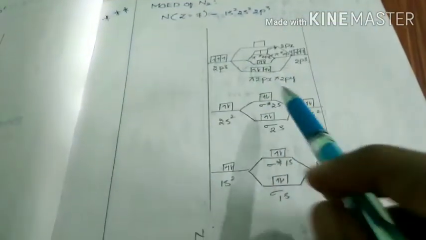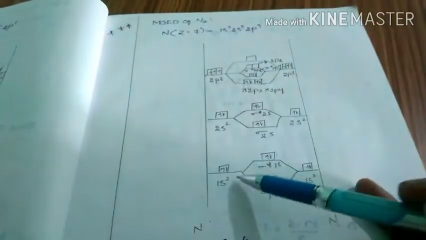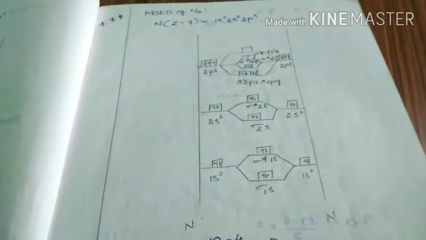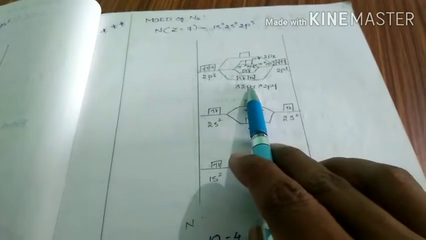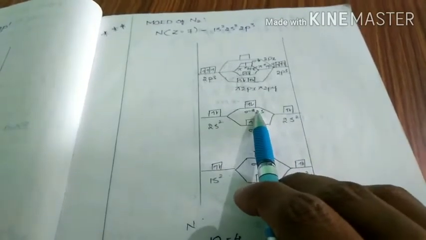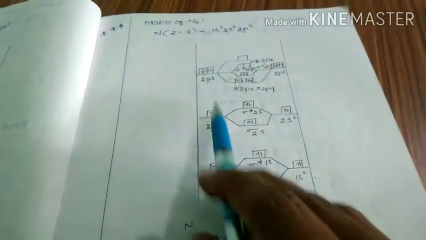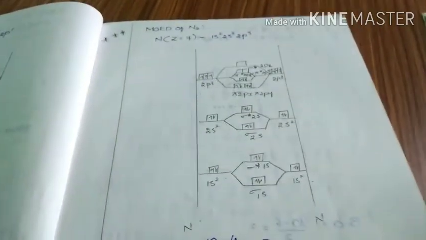This is important. 2 nitrogens. Nitrogen atomic configuration is 1s2 2s2 2p3 for each. Here this is a 14 electron system. In that case also, pi 2px, pi 2py come first after filling sigma star 2s, then sigma 2pz comes. How many electrons? 14 electrons: 1, 2, 3, 4, 5, 6, 7, 8, 9, 10, 11, 12, 13, 14.